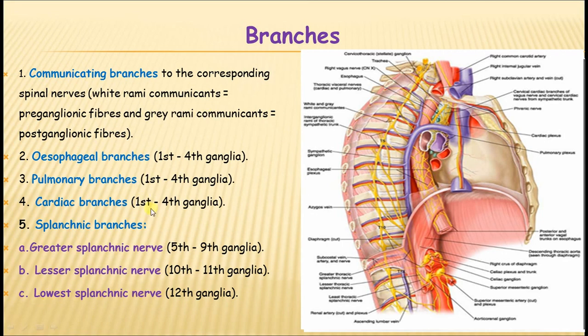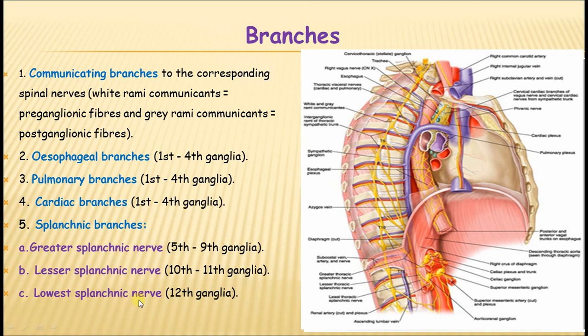The upper ganglia, first thoracic to fourth thoracic sympathetic ganglion, take part in formation of cardiac, pulmonary, and esophageal branches, but the lower ones, 5th to 9th, form the greater splanchnic nerves. The greater splanchnic nerves give rise to the celiac plexus, and they might also go to the aortic plexus. Lesser splanchnic nerves go to the aorticorenal plexus.